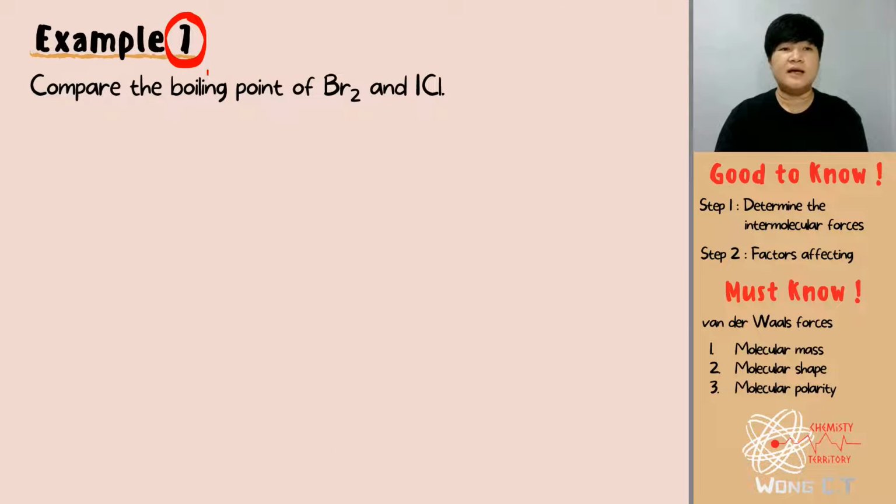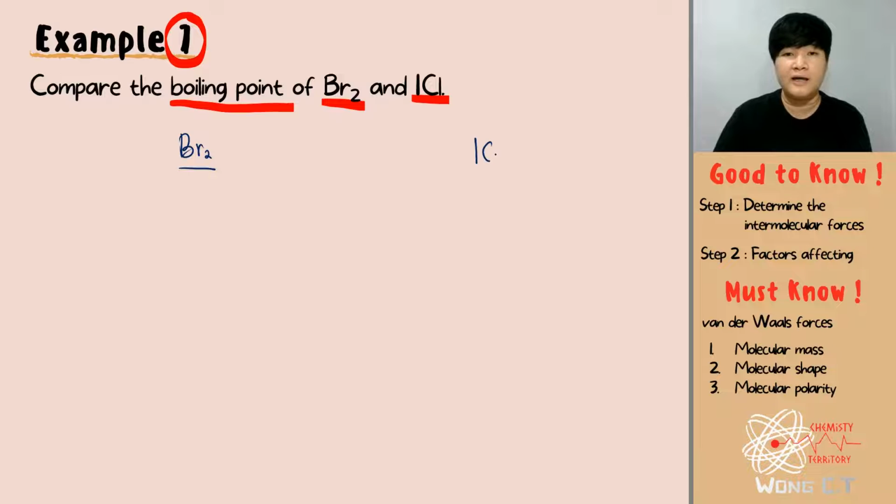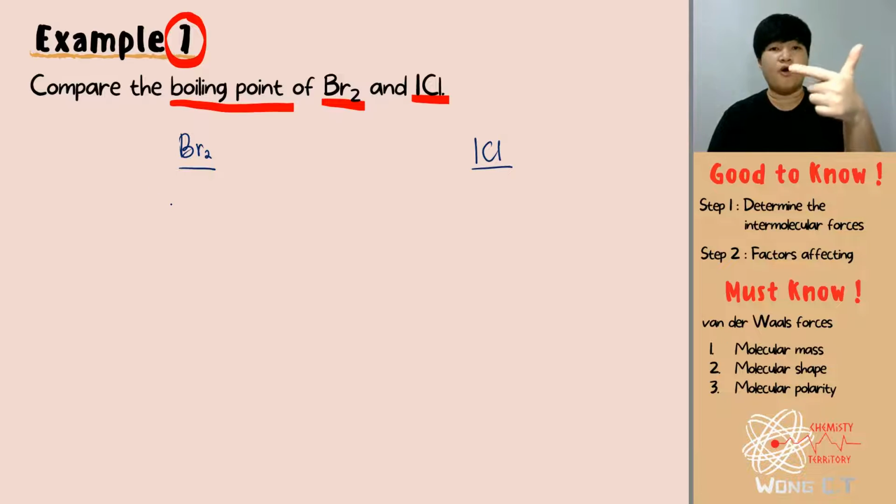Easy. The last example of this video, compare the boiling point of Br2 and ICl. And as always guys, we start off with the type of intermolecular forces, your Br2 and ICl. Quite obviously, both of them don't have F, O or N, because F, O or N is what will form hydrogen bond.